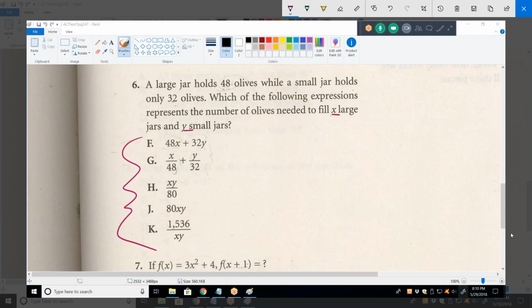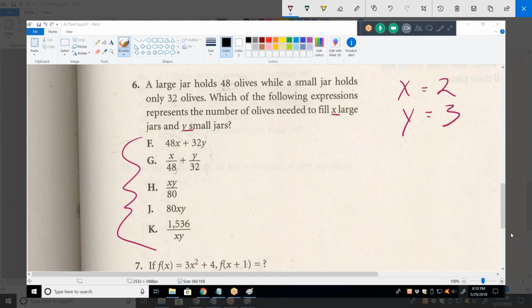In other words, I can pick anything I want for X and Y. And remember in that ACT presentation, they said don't pick 0 and 1. So let's pick X of 2 and Y of 3.